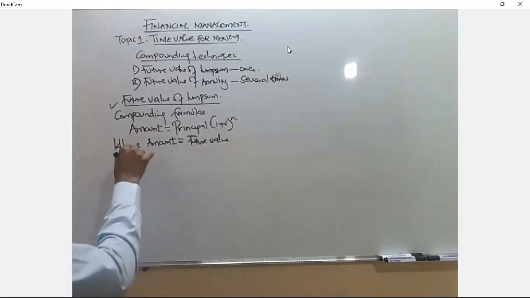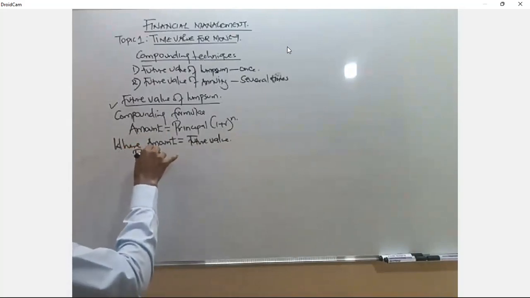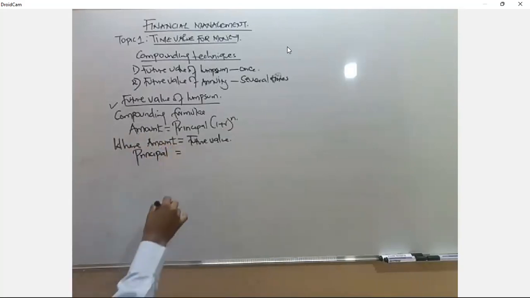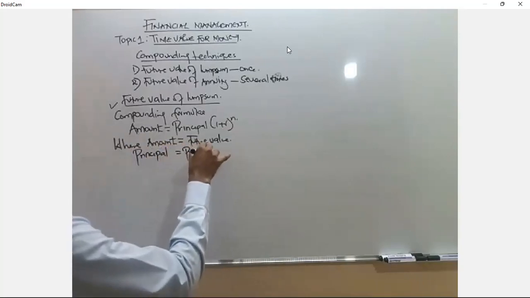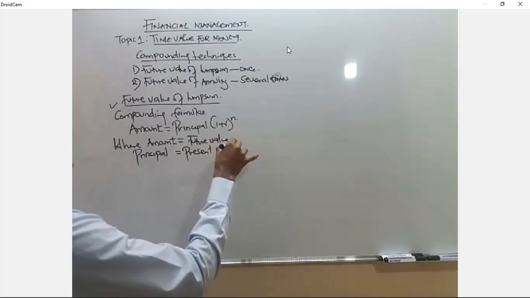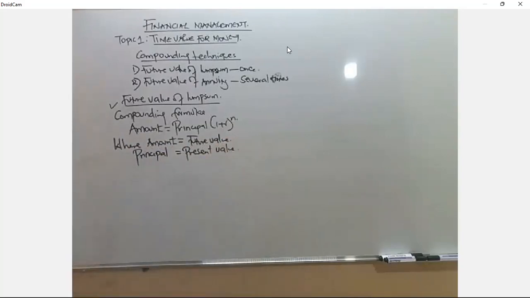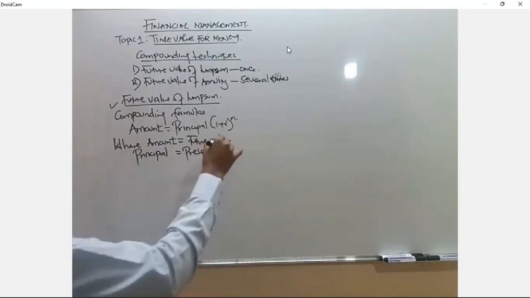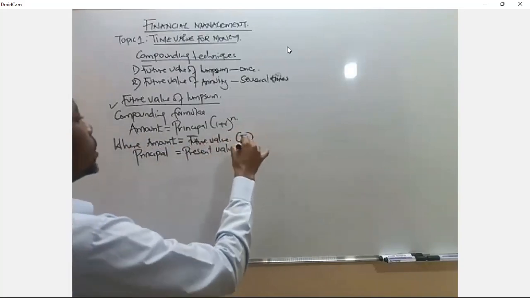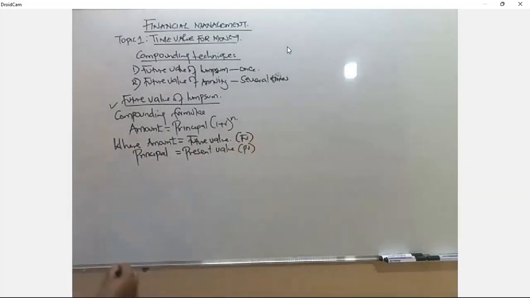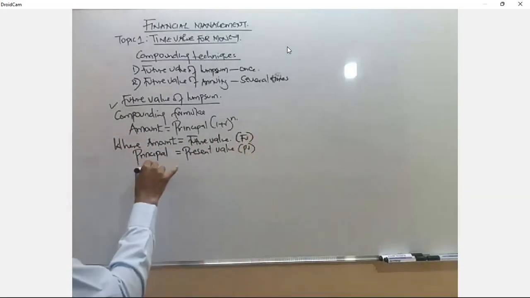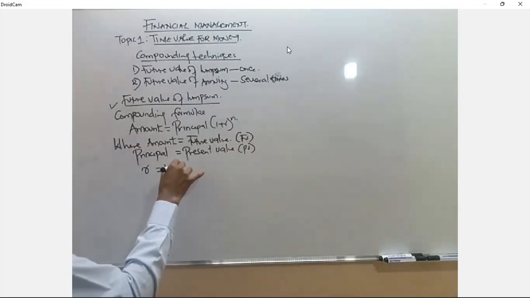What about our principal? Our principal, we are saying it is our present value. But what about our R? We know that if we want to invest, this is normally the future value. This is our present value, right? So when we are discussing about our R, this is our interest rate.